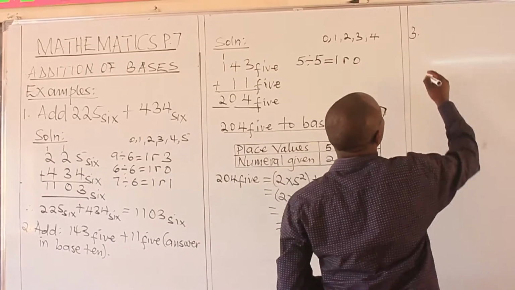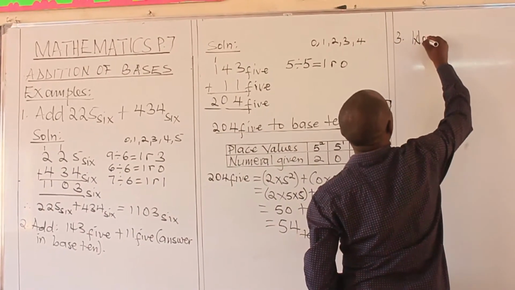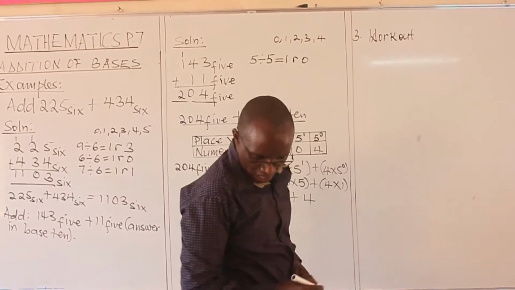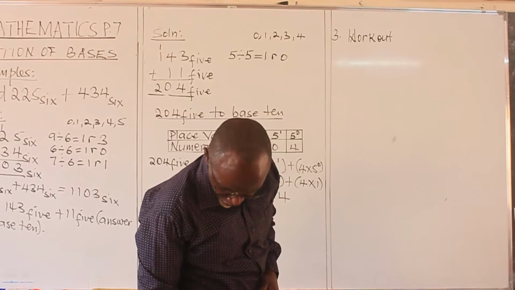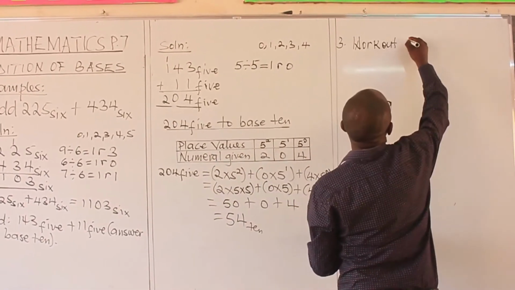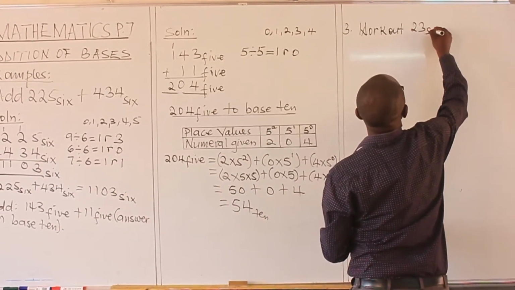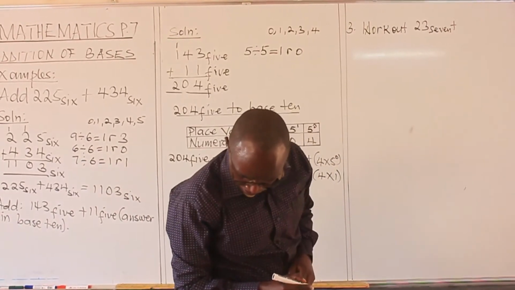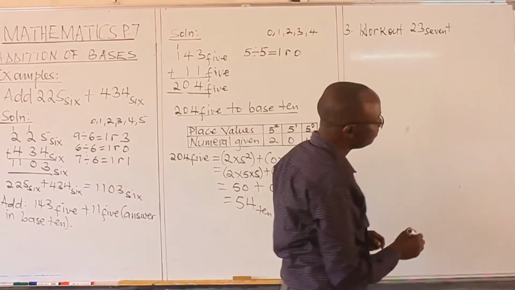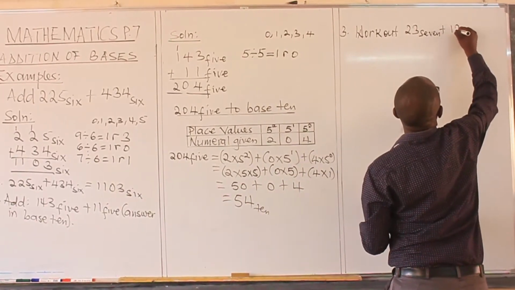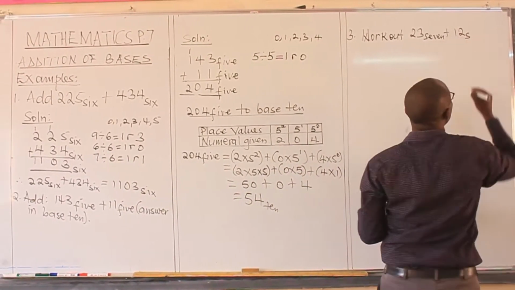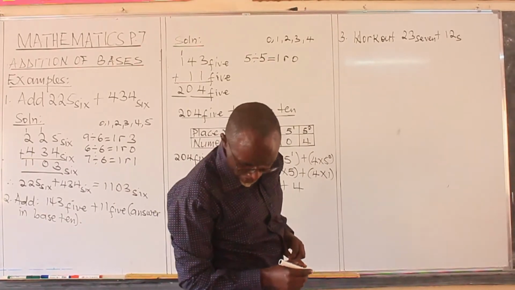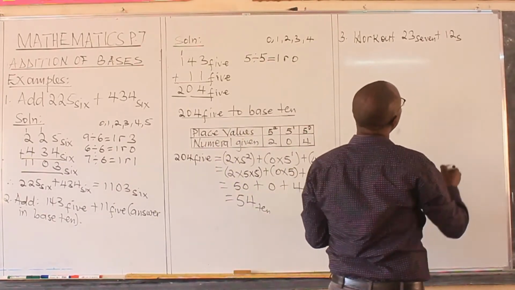Work out 2, 3 base 7 plus 1, 2. The base is 7.